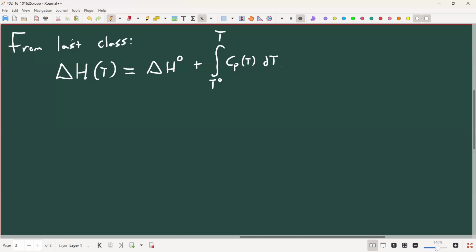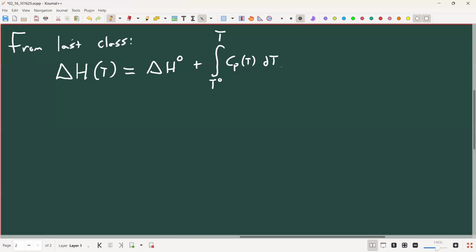It's a function of T. If I wanted to write delta H times T, I would write delta H times T. So when I put parentheses around one variable, or multiple variables separated by commas, I mean it's a function of temperature.